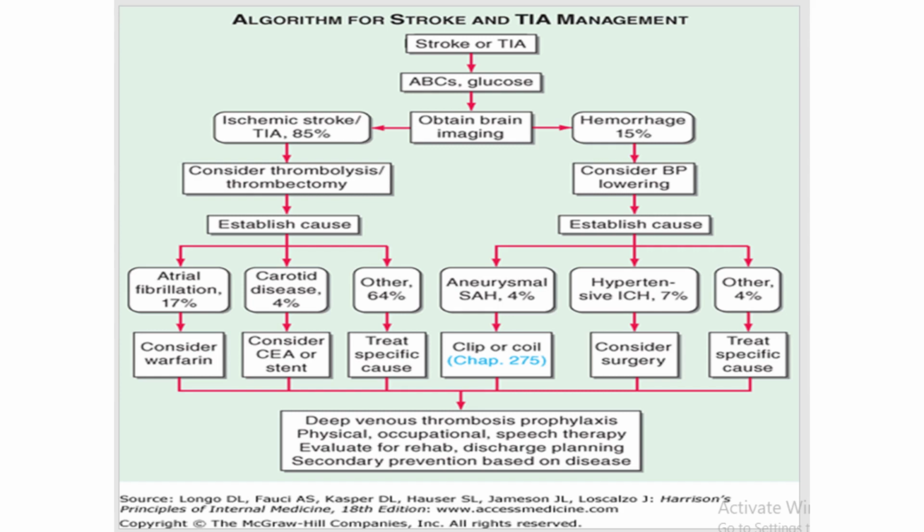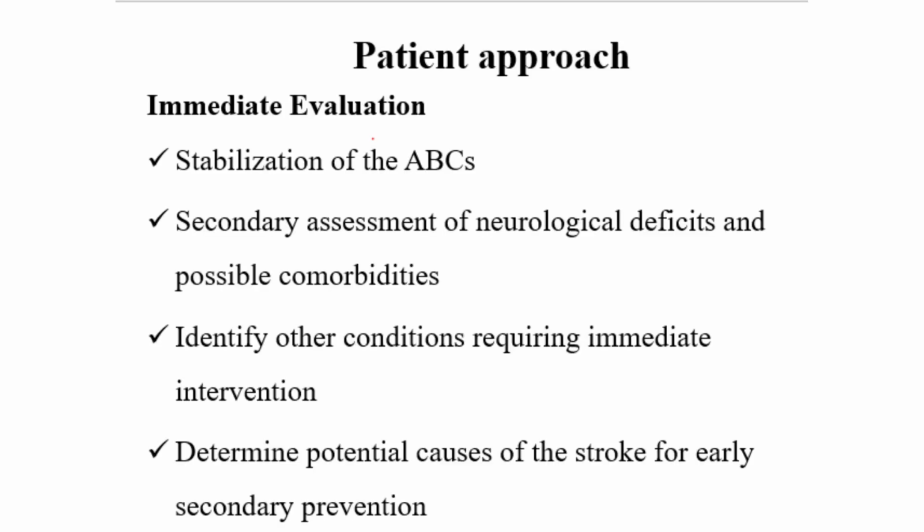And the posterior cerebral artery mainly supplies the posterior medial aspect of the cerebral hemisphere. That means the brainstem, the thalamus, and the cerebellum. So if there is a coordination problem, that is a balance problem, mostly the posterior cerebral artery is affected.